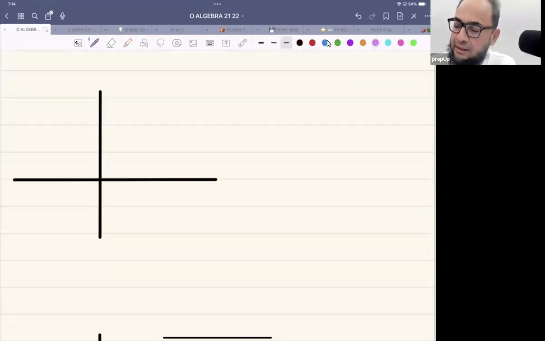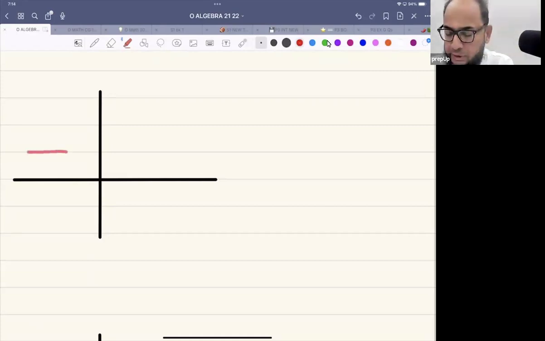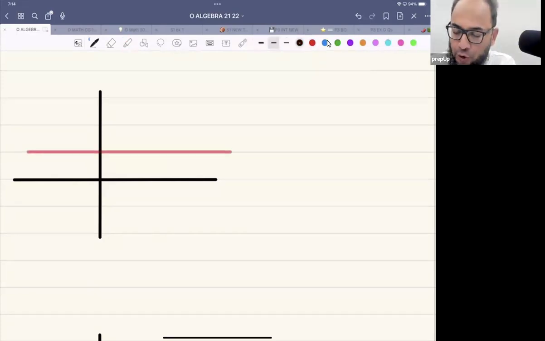Now let me get started with this idea. Let me draw a line, let's say y is equals to 1. So over here, this is the y-axis, this is the x-axis, this is y is equals to 1.